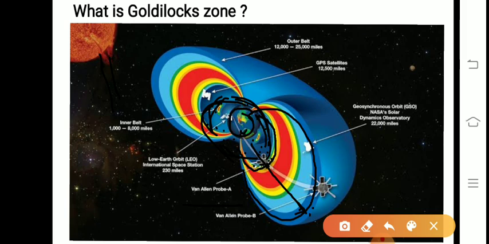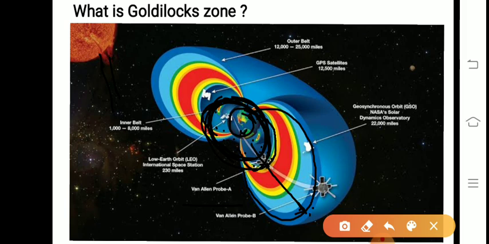Now the next thing is, what is the Goldilocks zone? Because our atmosphere is protected by the Van Allen belt, our Earth supports water existing in liquid form, as well as CO2 and O2, and the temperature of Earth is neither too hot nor too cold.